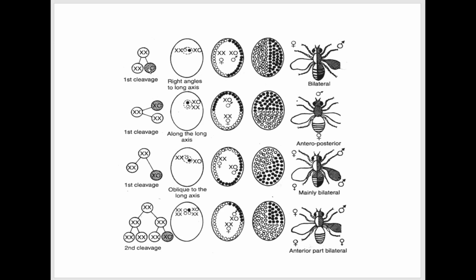But here one daughter cell clearly contains two X chromosomes, while the other daughter cell has one X and no second X chromosome. That means one X chromosome, by chance or by some mistake, is lost, so that this zygotic cell has only one X chromosome instead of two X chromosomes.